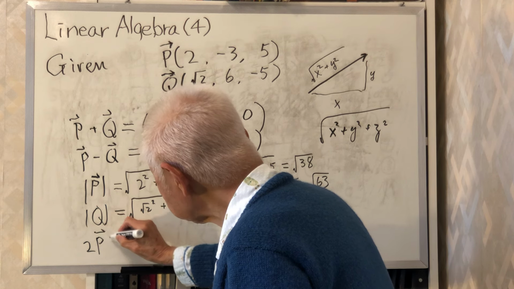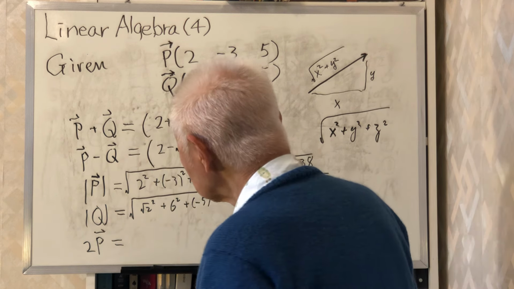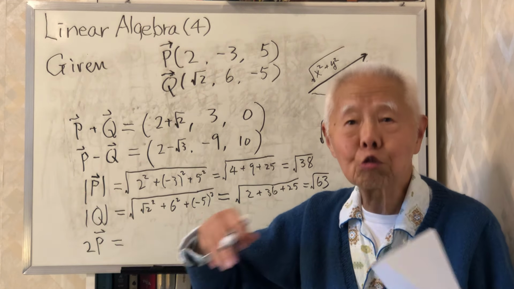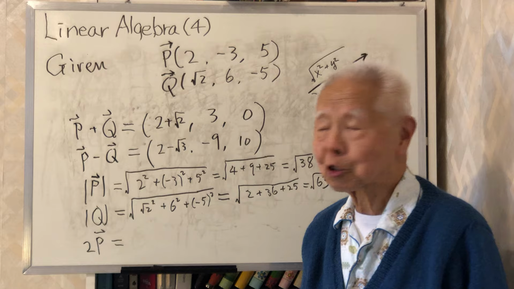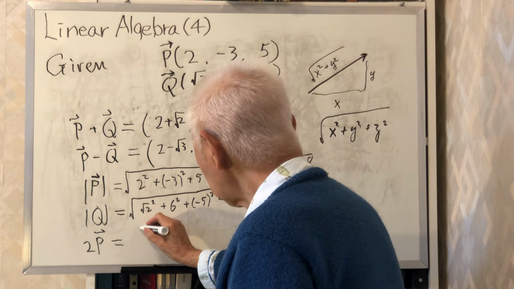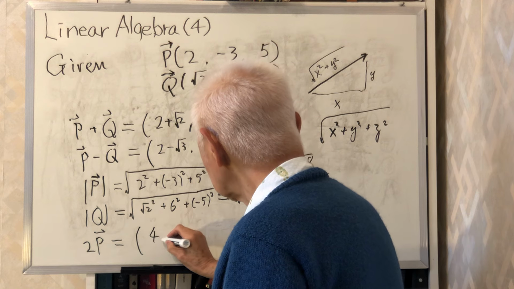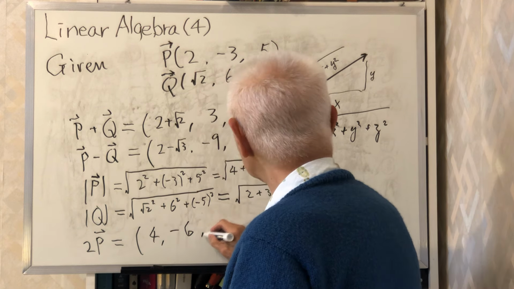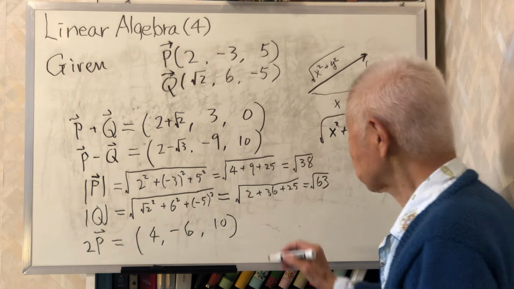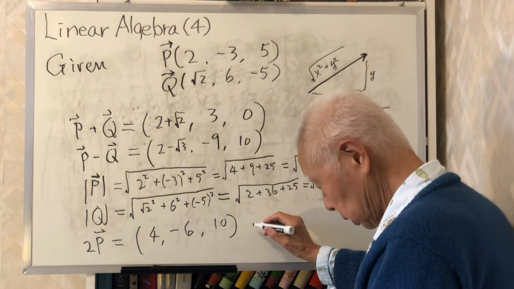How about 2P? We understand P is a vector, so 2P, you make the P vector 2 times longer. So you multiply every component by 2, you have 4, -6, 10. How about 3Q?